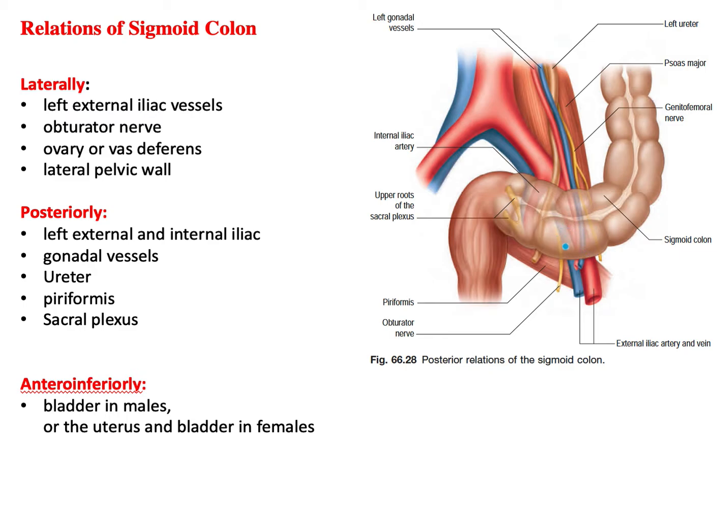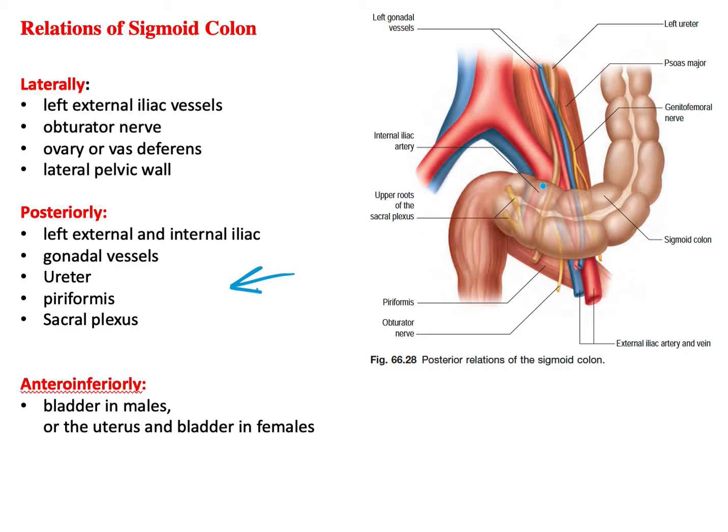Now, if we want to dig deep and see what's behind and lateral to the sigmoid, most importantly the posterior relation of the sigmoid, you can see the left common iliac artery that divides into the internal iliac and external iliac.